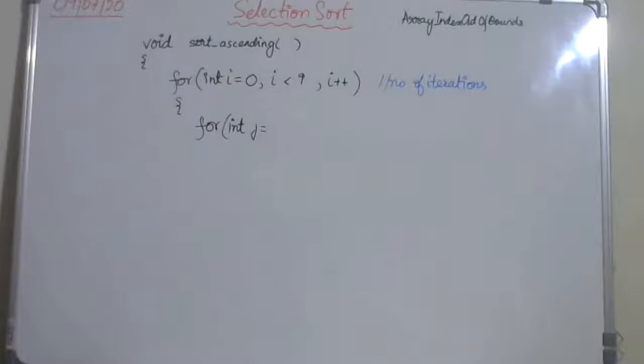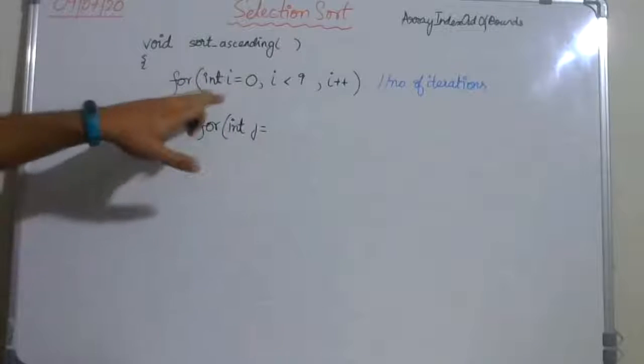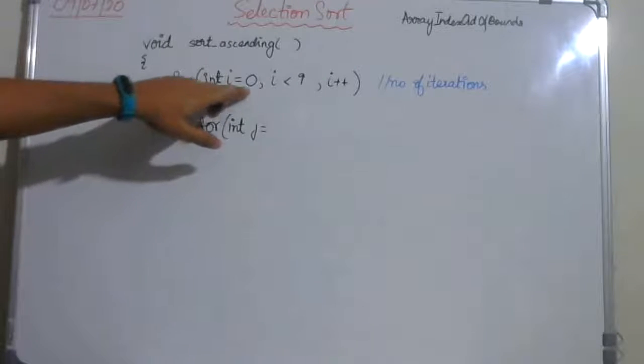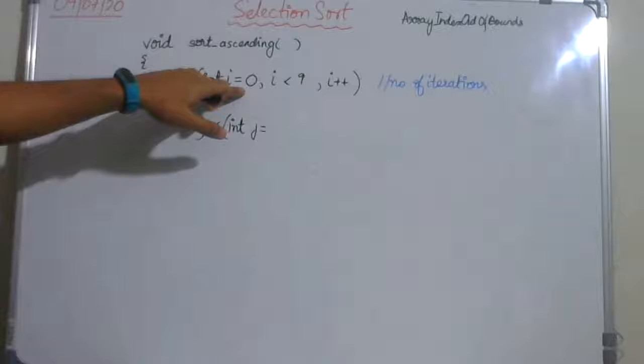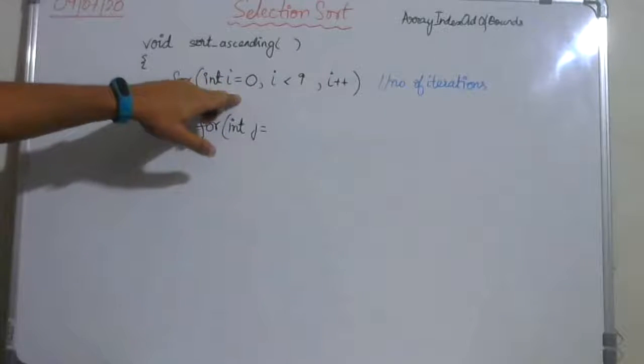Now remember, in an iteration we were selecting an element, and that is done by this particular for loop. So we are selecting an element using this for loop. Now to compare it, we are going to compare it with the very next element after the selected element.